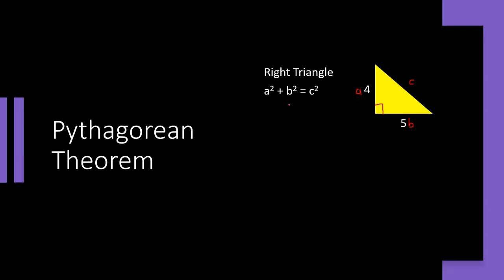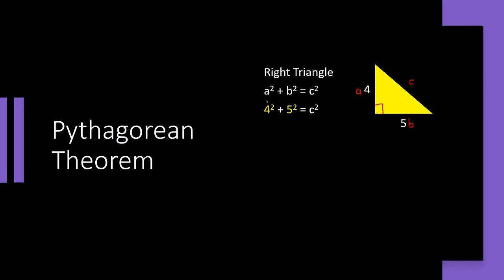Now the next thing I'm going to do is substitute my variables for my values. So now my formula looks something like this: 4 squared plus 5 squared equals c squared, with 4 squared representing the a leg, and 5 squared representing the b leg, or the b side.